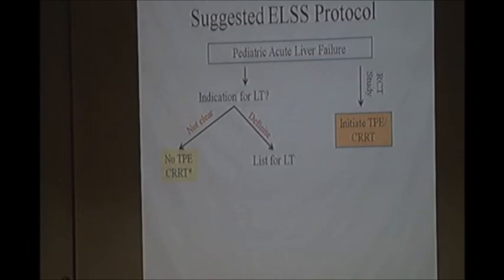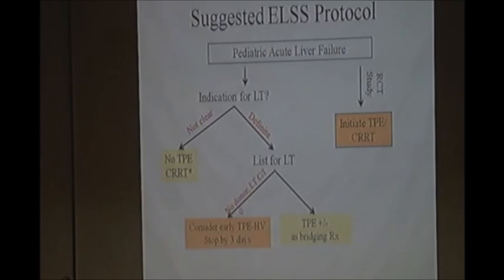And if there is a definite indication for liver transplant, I would list the patient and see if the liver transplant is feasible in the near future, donor is available, and everything is in place. I might not do therapeutic plasma exchange, but if you need some time, like for donor preparation, then I would consider plasma exchange as a bridging therapy.